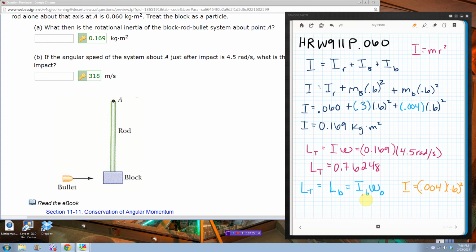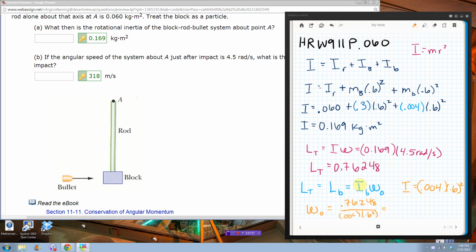That means all I gotta do is divide by that to find the original angular velocity. So that's going to be 0.76248 divided by 0.004 times 0.6 squared.